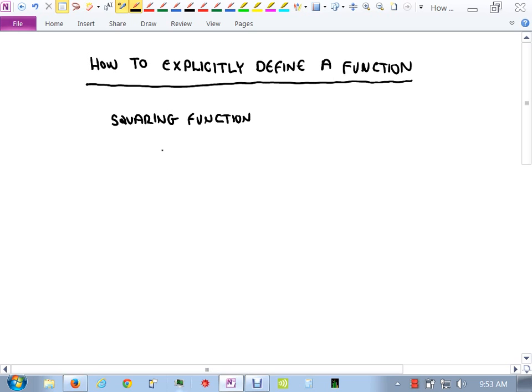So the way I write it is I'll call it F, right? I could have called it G, whatever I want. And then X is my input. Now what do I want my output to be? If I want it to square, I want my output to actually be what? Not Y squared. What are we plugging in? We're plugging in X, right? So don't I want to square that X? So I say X squared, right?